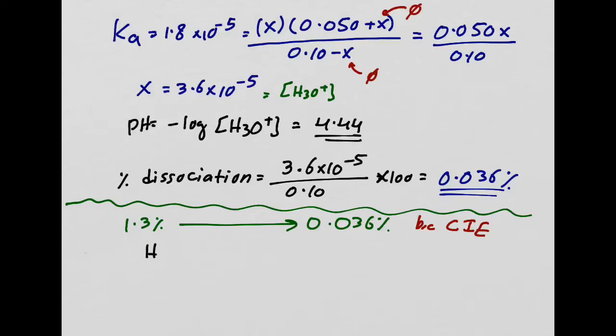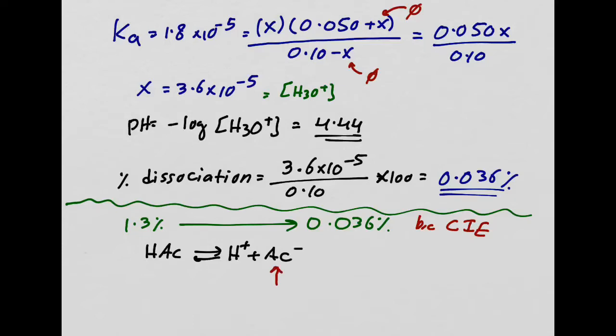Remember, here I have acetic acid going, let's just say, H plus and AC minus. I'm just going to do it in a less sophisticated way to get the point across. So when this was going on, the percent dissociation was 1.3%. Now I added a common ion, I added the acetate.